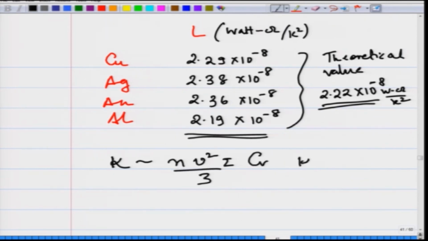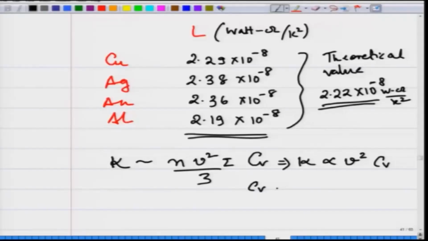Now, the thermal conductivity from here is proportional to the mean square velocity times the specific heat. And in the kinetic theory, as I said, you consider that the electrons are completely free, which is one of the problems of Drude's theory, and because of that we used a temperature independent specific heat, which was 3/2 kB per electron. The specific heat per electron is 3/2 kB.